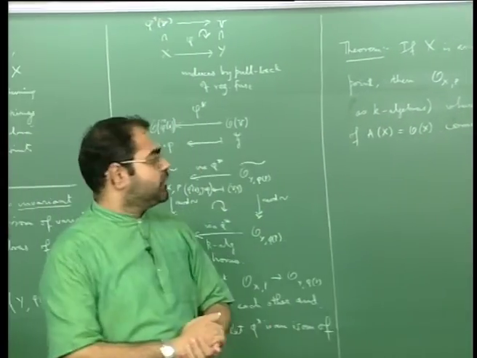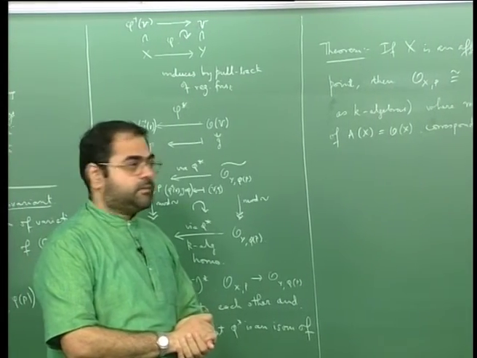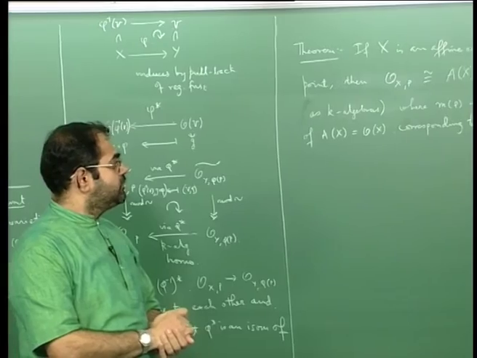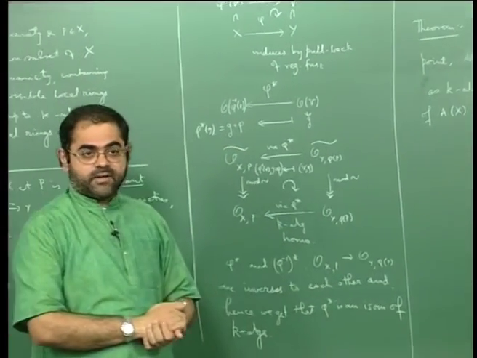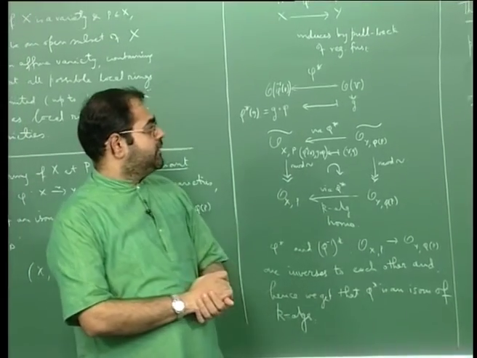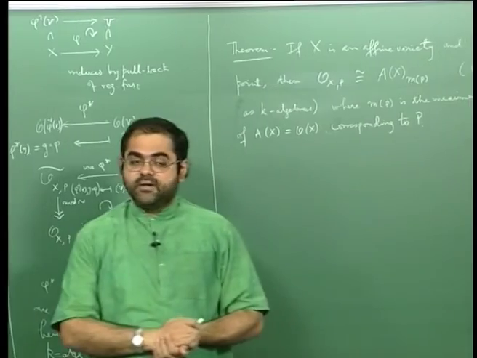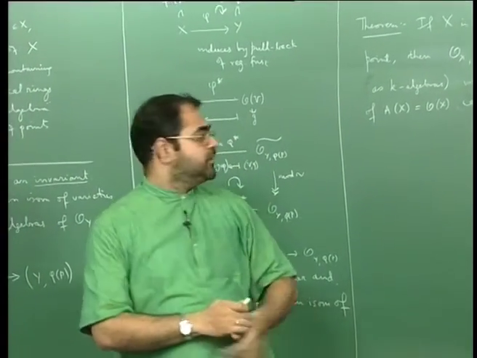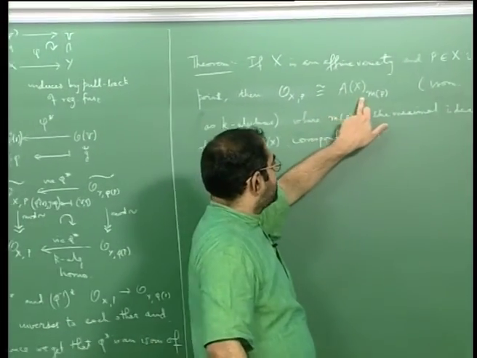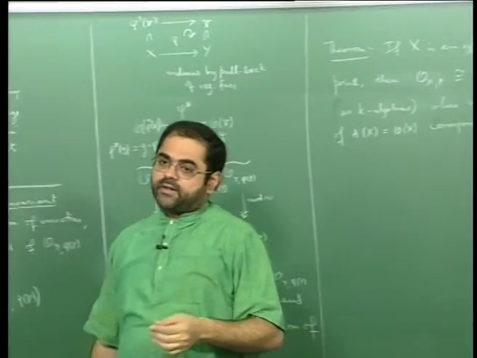Localizing at an ideal, for this to make sense, means you localize at a prime ideal, because localizing at a prime ideal or a maximal ideal means you invert all the elements outside the prime ideal or the maximal ideal. So this means take the ring A(X) and invert all the elements which are not in the maximal ideal corresponding to the point P.